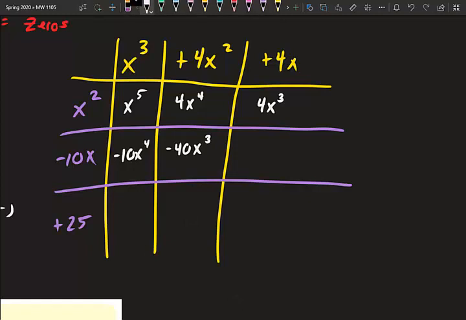Negative 10x times 4x is, 40, my bad, negative 40x squared. 10 times 4 is 40. 25 times x cubed is 25x cubed. 25 times 4x squared is 100x squared. And then 25 times 4x is 100x.